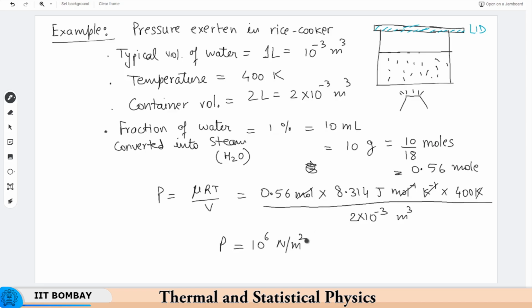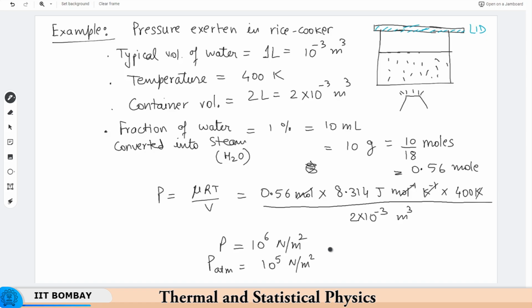Let us compare this number with something. The atmosphere is always exerting certain pressure on us, and the typical value of atmospheric pressure is about 10 raised to the power 5 Newton per meter square. You can see that the pressure you create in a rice cooker is 10 times greater than the atmospheric pressure.